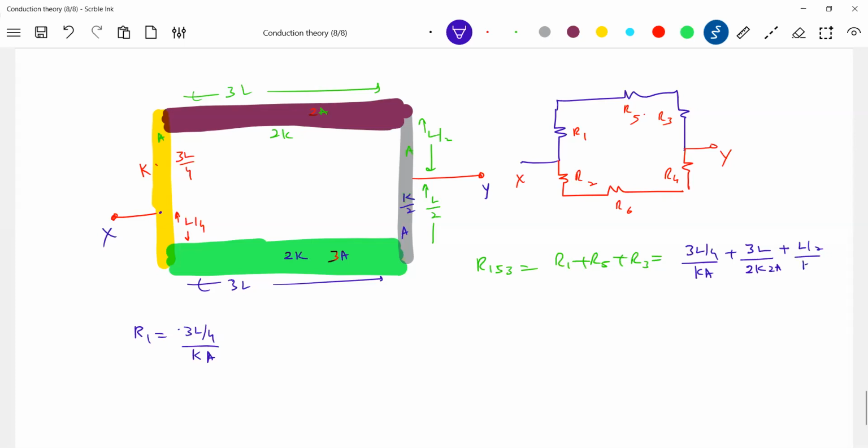L by 2, K by 2, A. So this will become 3L by 4K, 3L by 4K, L by K, and in total this will be 5/2, sir. Okay, this is R153. Similarly, R265.